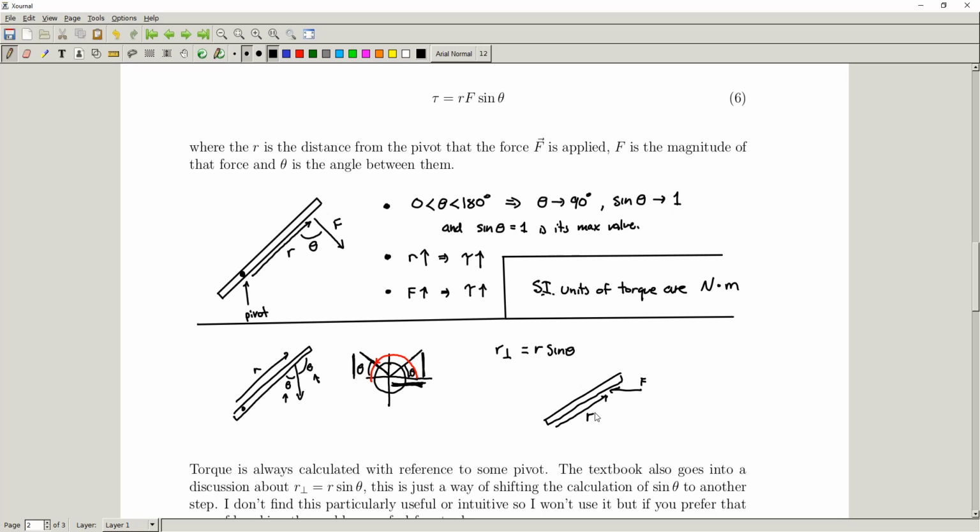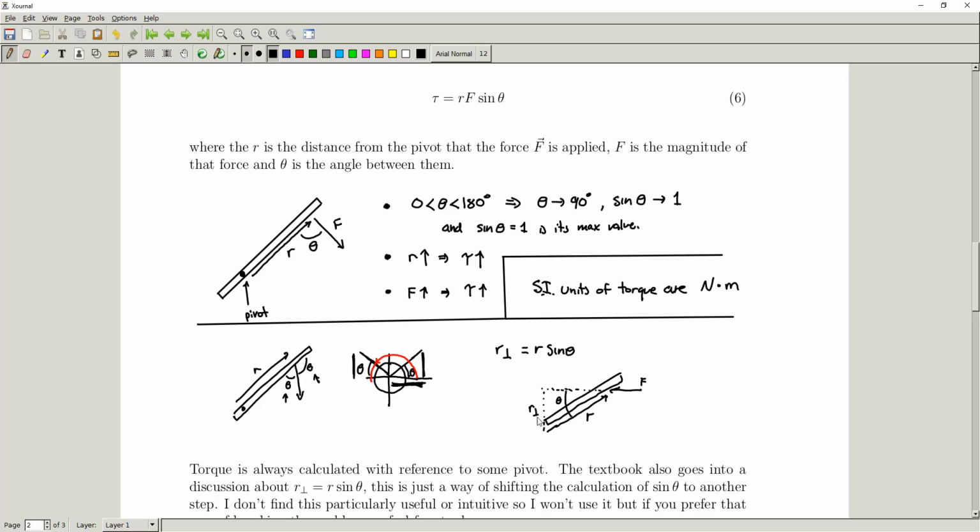And so they talk about tracing out this F back, and then building. Well, they have some angle theta in here, and this is our r, and then they build out what they call r perpendicular here. So if this idea helps you calculate, by all means use it, but I find that it's an extra step.